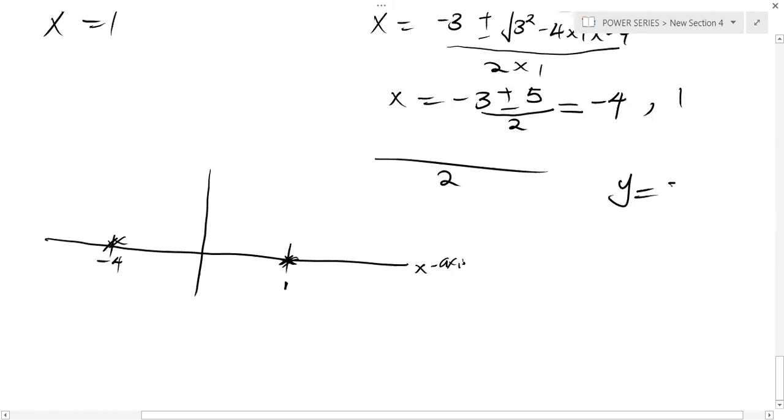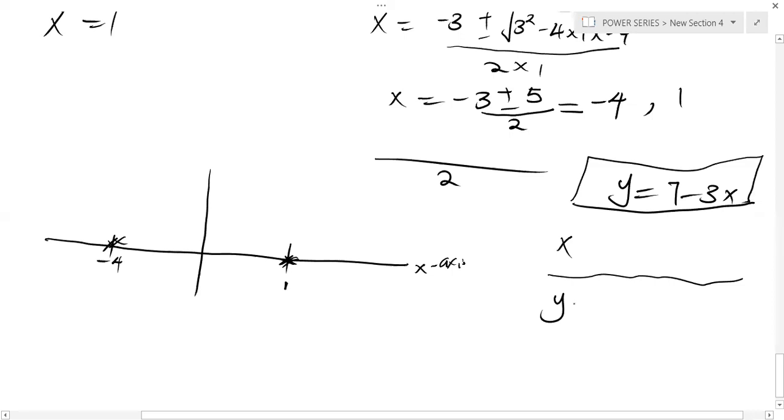Let me do a rough sketch for it. Let me get the x values and the corresponding y values for this particular line. So at x is equal to 0, what will be the value of y? Y will be 7. So at x is 0, y will be 7, somewhere up there. Remember, it's just a rough sketch.